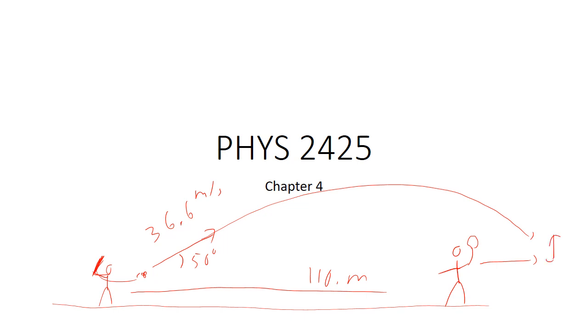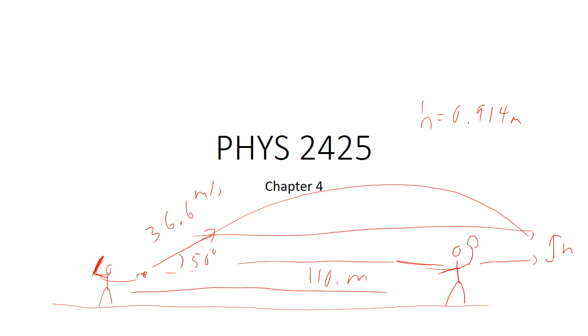He catches the ball at a height h of 0.914 meters above where it was hit. So it was hit at this height here and was caught higher. And so what I want to know is, what velocity does the outfielder have to run in order to catch the ball?